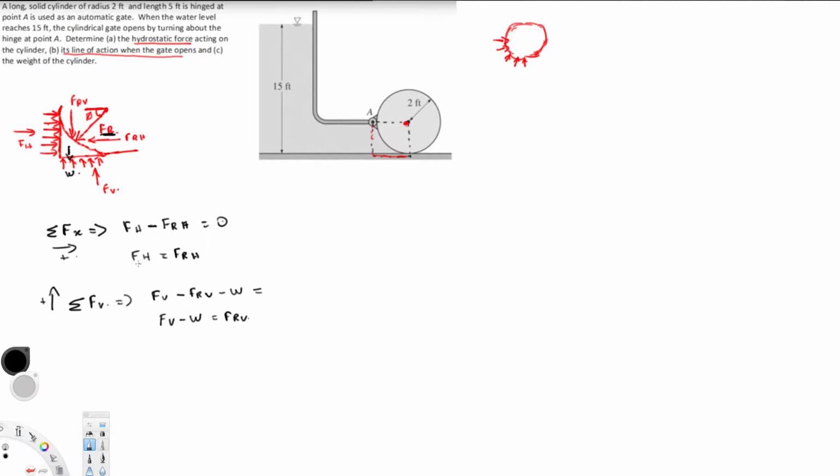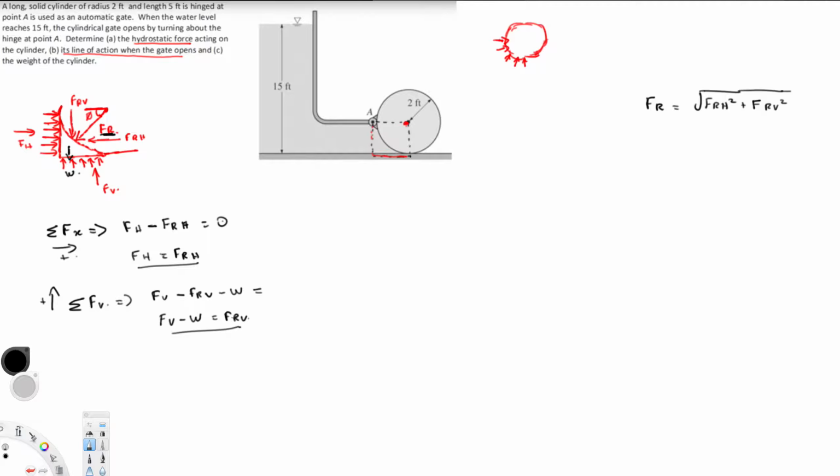Why do we need FRH and FRV? Because FR is equal to the square root of FRH squared plus FRV squared, since we are taking the components of FR, right? That gives us FR. That's the answer to the first question, right?